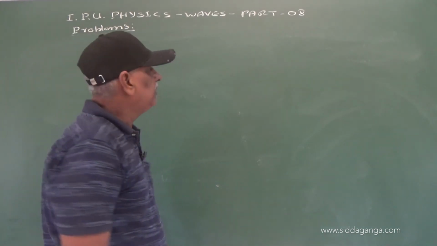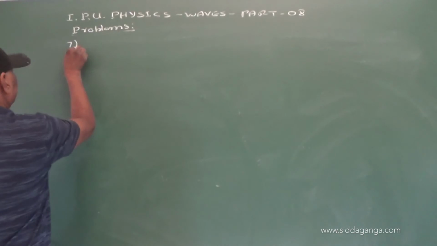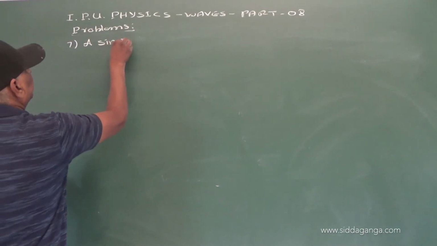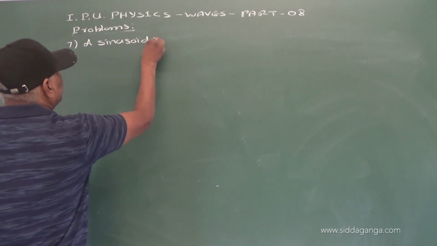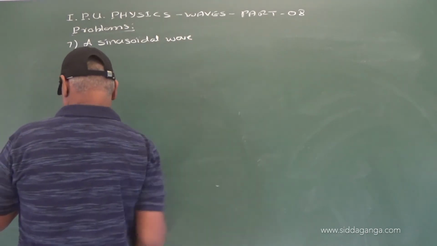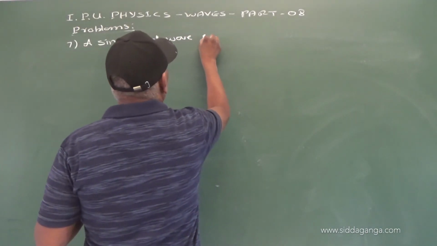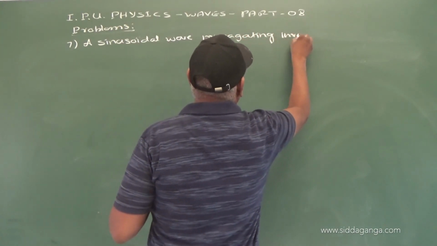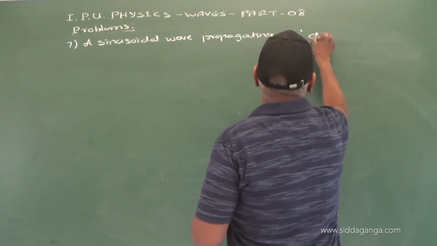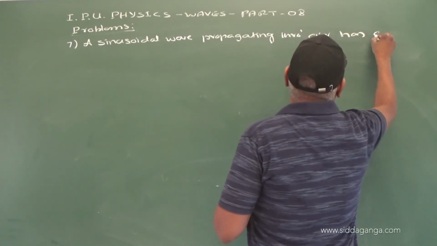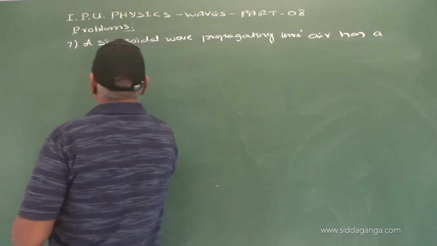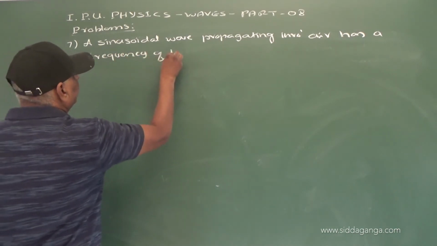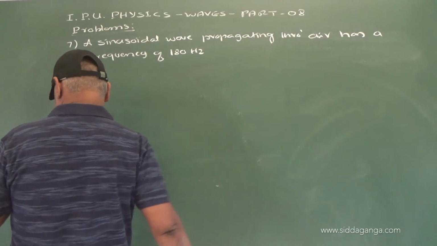Now, problem number 7. A sinusoidal wave propagating through air has a frequency of 180 hertz.